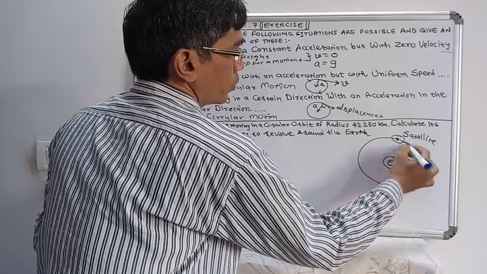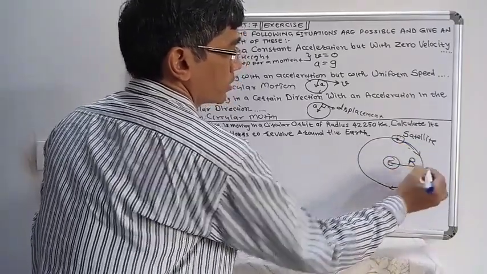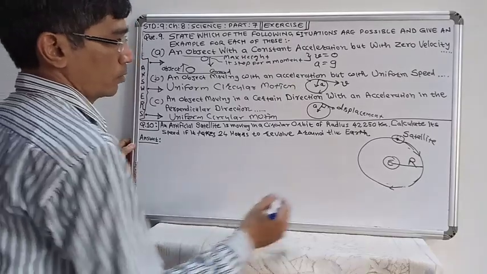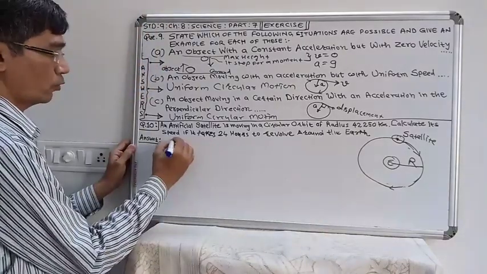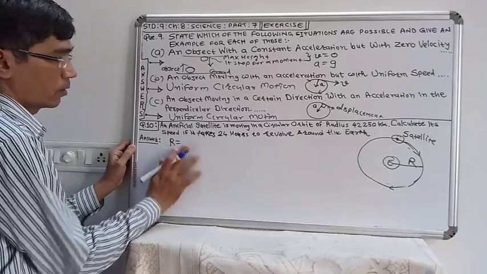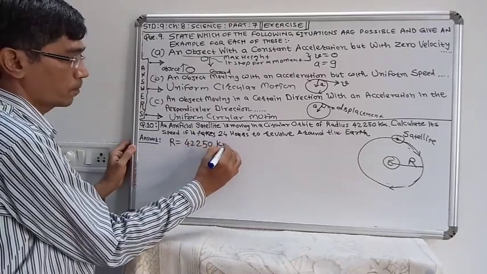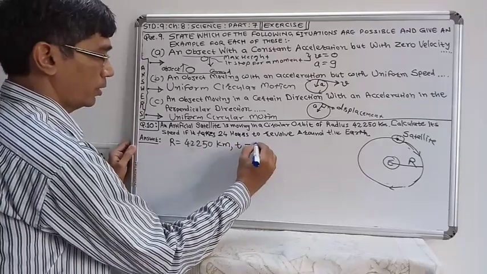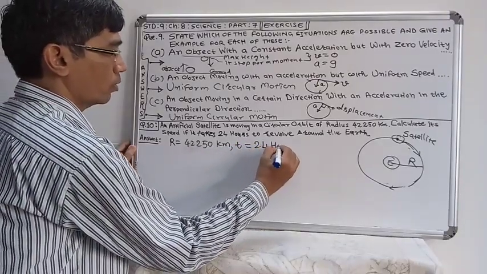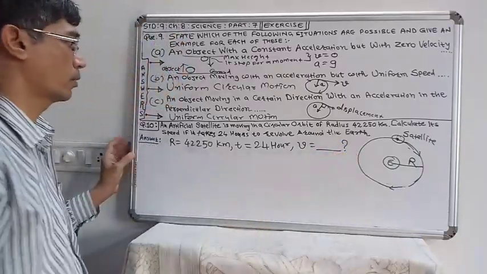This satellite is revolving in the circular orbit. The radius is r. The time is 24 hours. So we can write r is 42,250 km. Time is 24 hours. So what is the speed here?